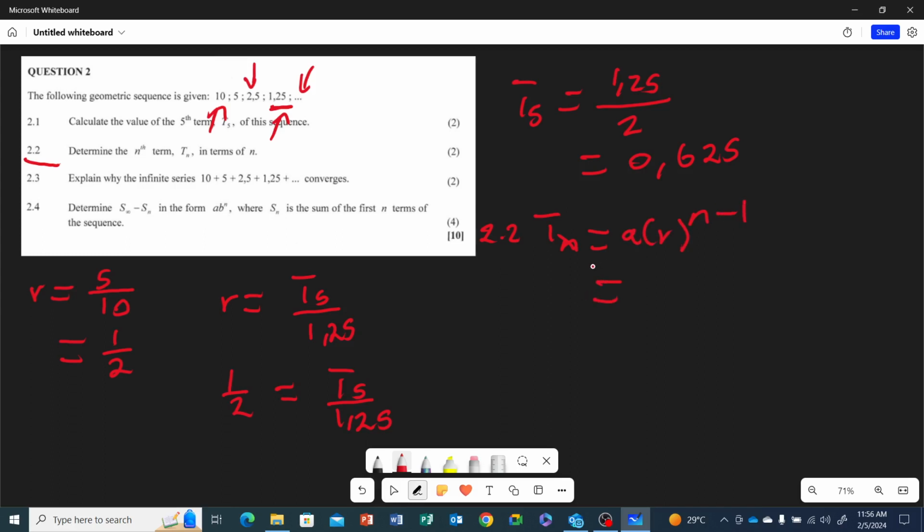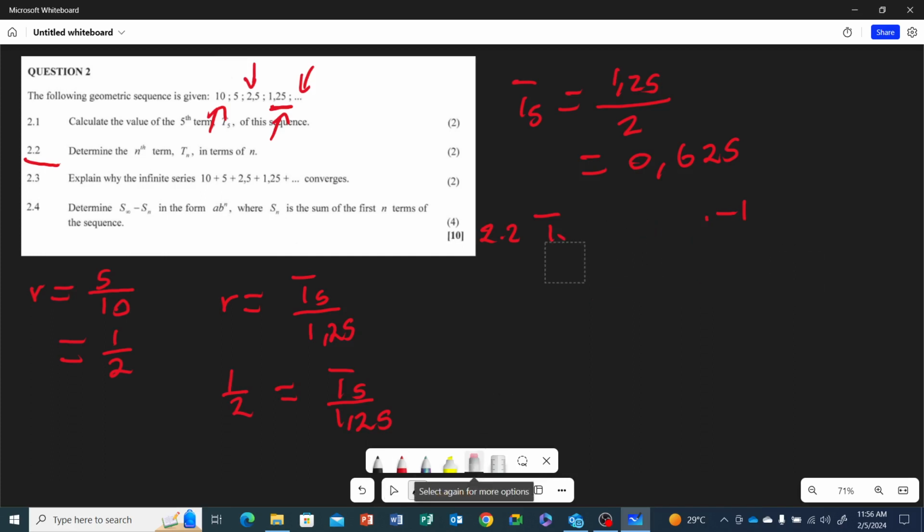So we have our A as the first term, which is 10. So we're going to write 10 into our R, which is 1 over 2, to the power n minus 1. So this will be our defining equation for the nth term. Right. Now question 2.3.